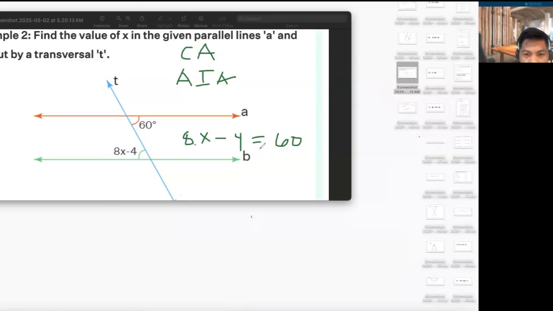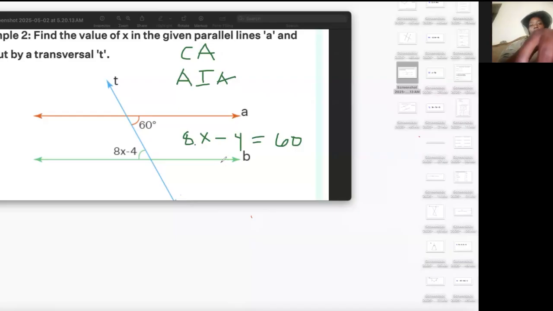Do you know that method, Diana? To solve it, whatever you do to the left, you do to the right. So I will try to get x by itself. The first thing I do is plus 4, I get 64 and then 8x equals 64. Then to get x by itself, I divide 8x by 8.